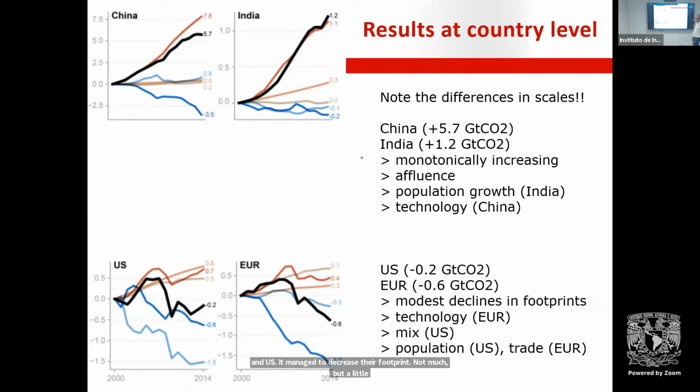In Europe, the numbers on the axis are now almost the same. In Europe, a substantial decrease of 1.7 gigatons. In the US, only 0.6, but in the US, apparently, they started all of a sudden to eat less emission intensive products. And for the rest, there are some positives for population and trade in Europe, 0.7.